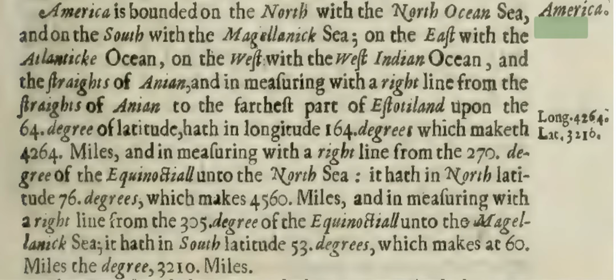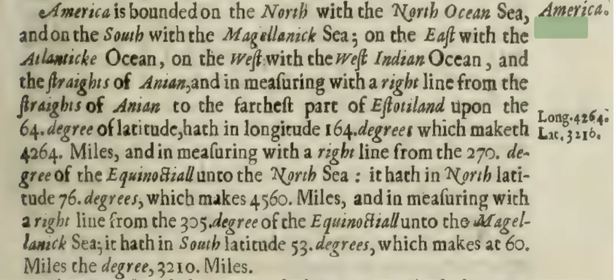Now, they've done us a great service by identifying the boundaries of the various places. And so with respect to these continents, you see these boundaries spelled out. And so it indicates here that America is bounded on the north with the North Ocean Sea, and on the south with the Magellan Sea.